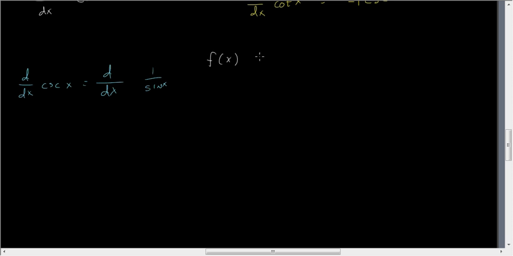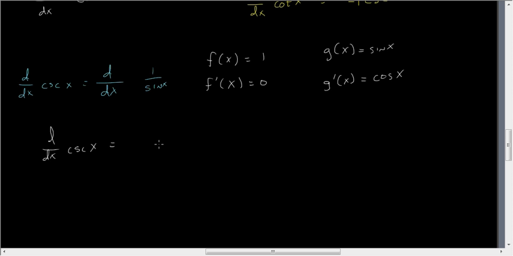Top function in this case is 1. Its derivative is 0. The bottom function is sine. Its derivative is cosine. And so the derivative with respect to x of cosecant of x is equal to the derivative of the top, which is 0, times the bottom, which is sine, minus the derivative of the bottom, which is cosine, times the top, which is 1, all over the bottom squared, which is sine squared x.